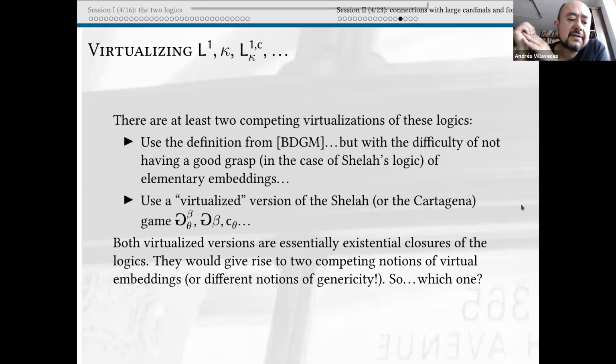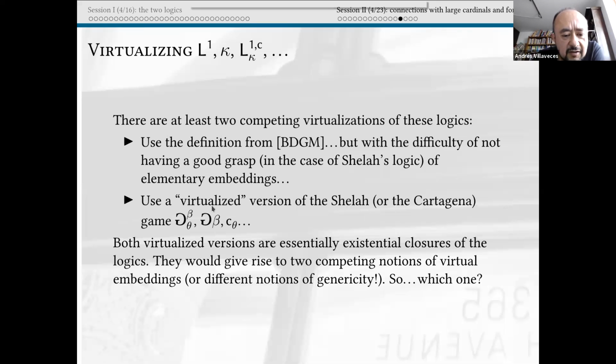Or else, as I pointed out a few minutes ago, one could try to use a virtualized version of the Shelah game. By this I mean, just take the same game that we described last time and at the beginning of today. So not the Ehrenfeucht-Fraïssé classical game in virtualized form, as the authors here and Schindler do, but the Shelah game or the Cartagena game.